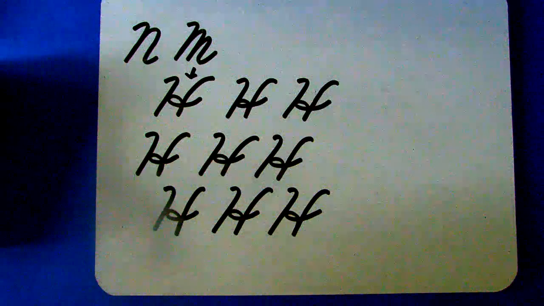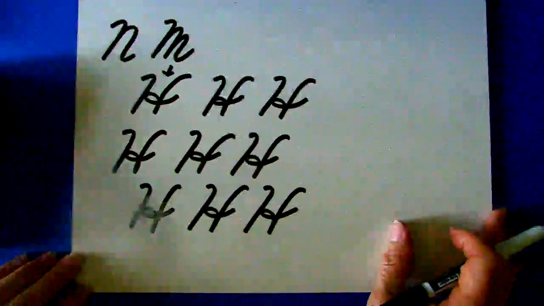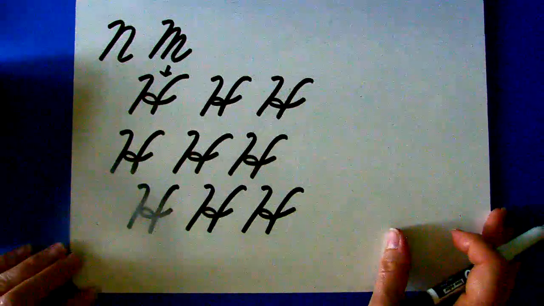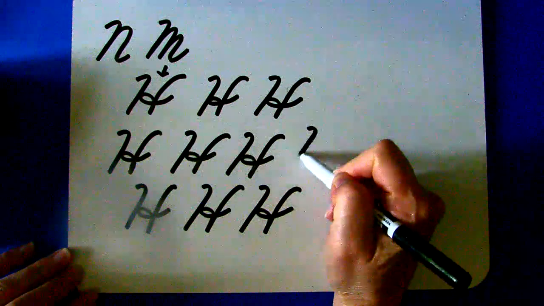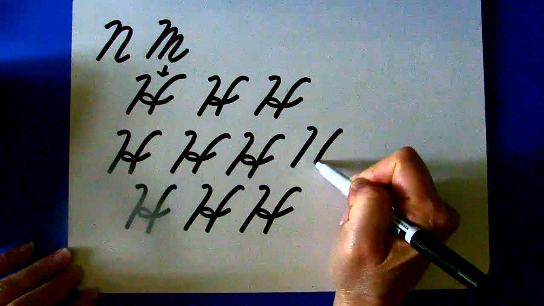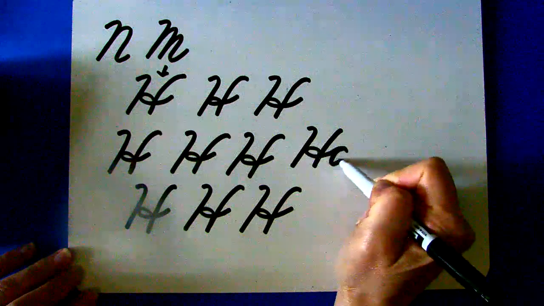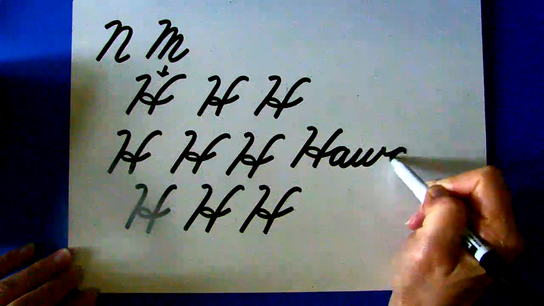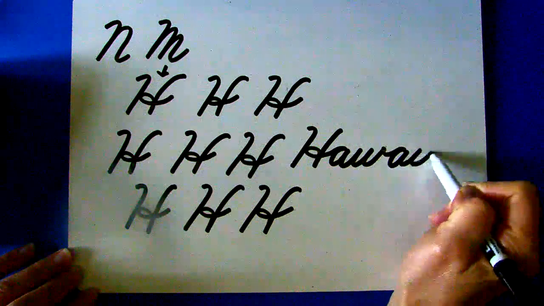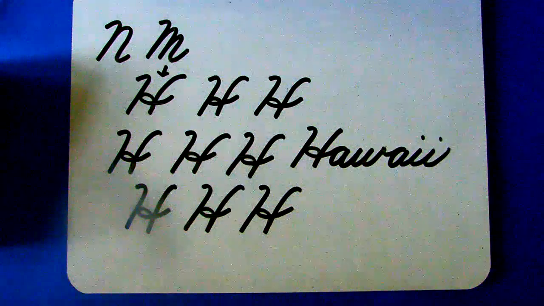And so let me show you now some words that start with an uppercase H. I'll start with Hawaii, a good vacation spot. Watch carefully as I connect it to the rest of the letters in the word. Here's my loop, undercurve, and then you just start. Hawaii. There it is. Here's another one.